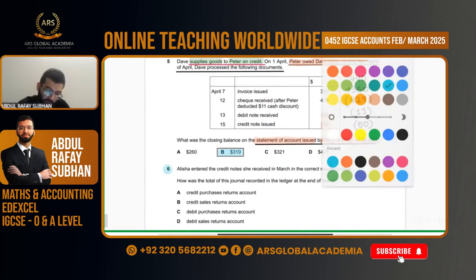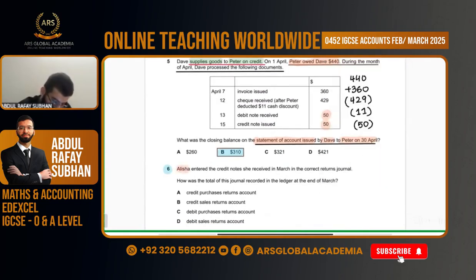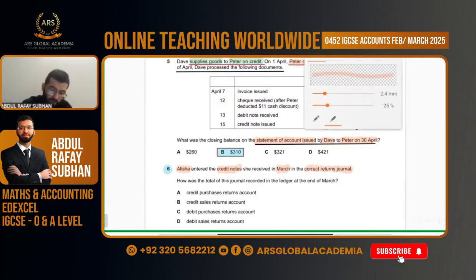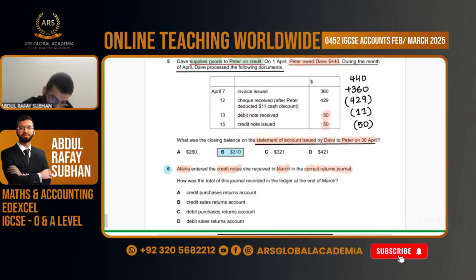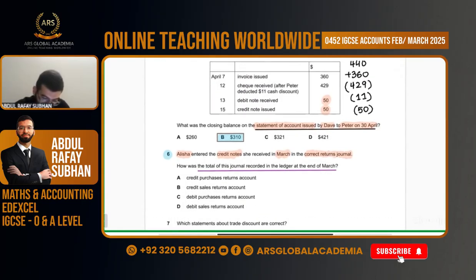Alicia entered the credit note she received in March in the purchase returns journal. How was the total of the journal recorded in the ledger at the end of March?